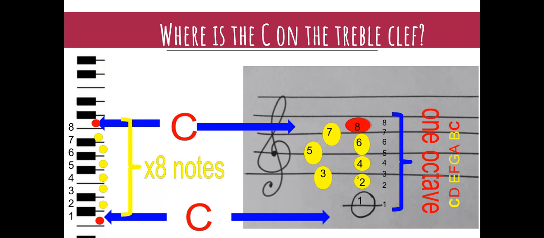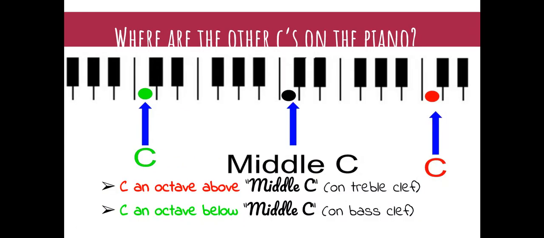And here we go, we've got another picture on the video. I have drawn in here the circles for the notes on the keyboard, and I've put numbers 1 to 8 on the left. And then on the staff I've also drawn the notes and written the letter names next to them as well.